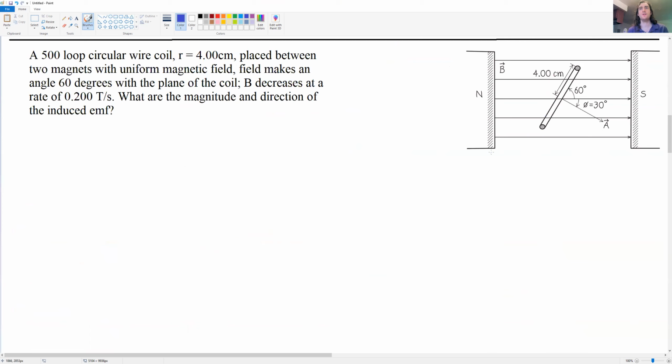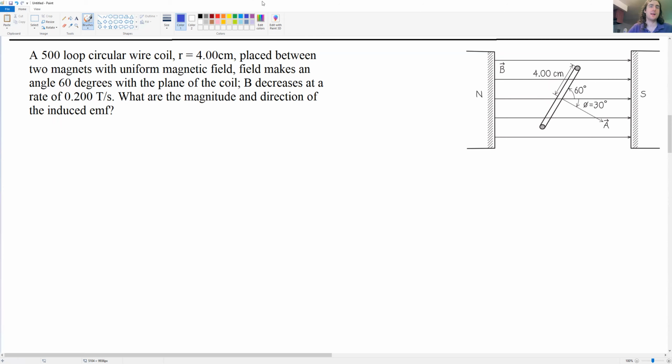We have many loops inside of a coil of wire, and we have the radius of those loops, and we've placed it between two magnets with a uniform magnetic field, and the field makes an angle of 60 degrees with the plane of the coil, as labeled here in the diagram. And B decreases at a rate of 0.2 Tesla per second. What are the magnitude and direction of the induced EMF?